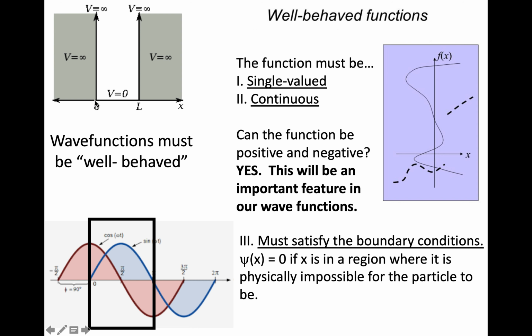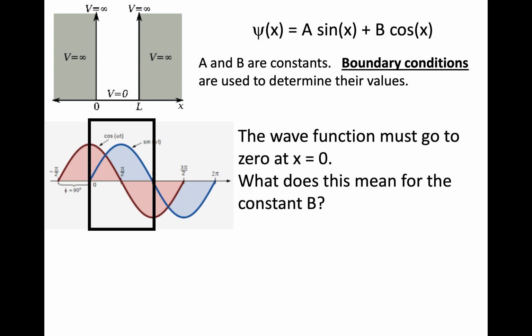We said in this case, at both of our ends, the wave function is going to have a value of 0. So that constraint, that boundary condition that we just added, helps us decide the relative contributions for the sine and the cosine. If it ends up being 0 at both points, what does that mean for the contribution from the cosine?